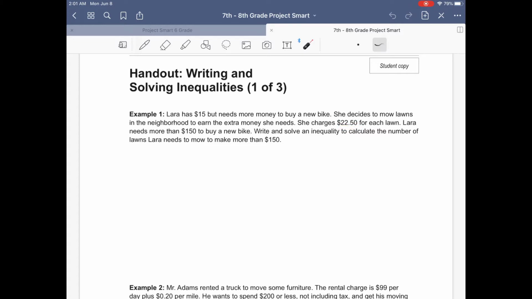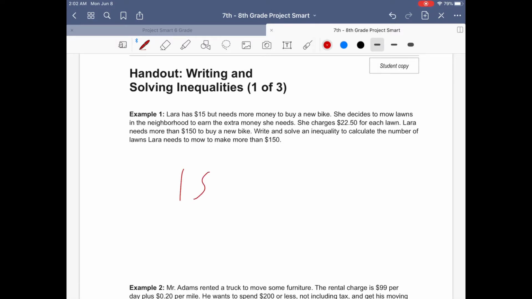Laura needs more than $150 to buy a new bike. Write and solve the equation to calculate the number of lawns Laura needs to mow to make more than $150.